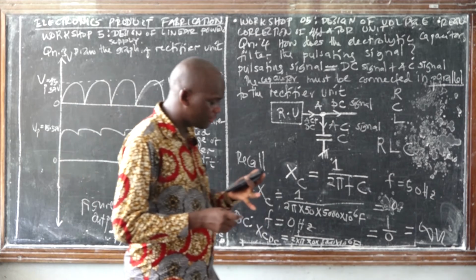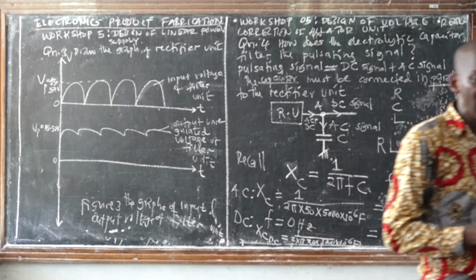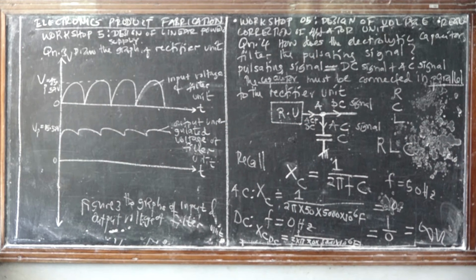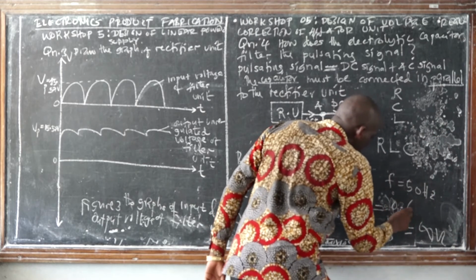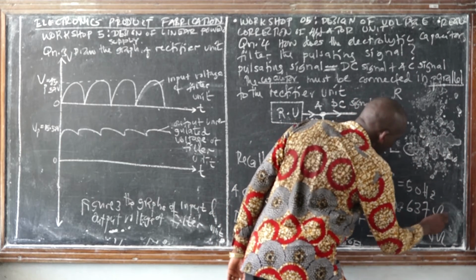I got 1.57. 2 times 5. What did you get? Oh, you are just writing. One over the answer. I got 0.636. So this one is 0.637 ohm.